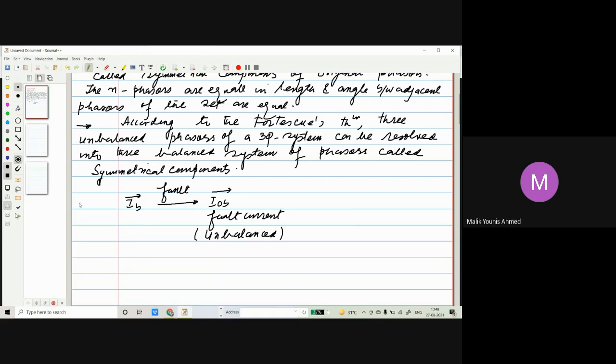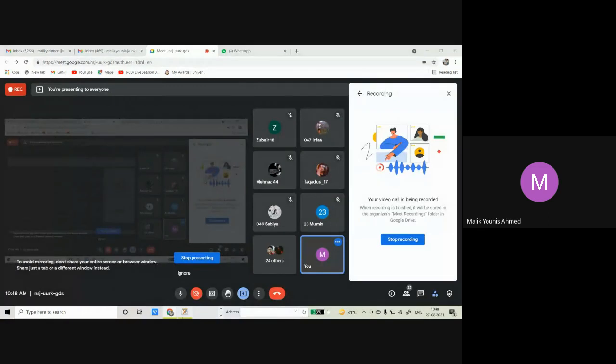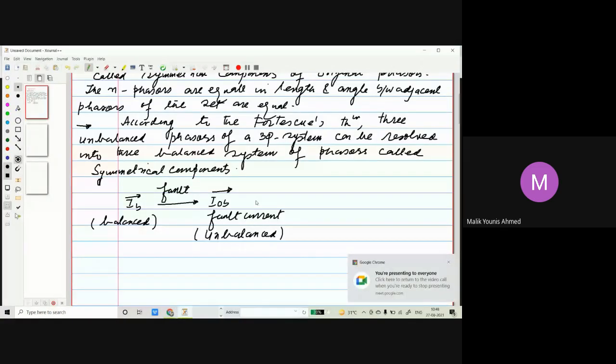We generally design a system and assume it to be a balanced system. So initially the current will be balanced, represented in phase B as a phasor. Once the abnormality occurs, it will become unbalanced, denoted by this IOB, which is nothing but a fault current.